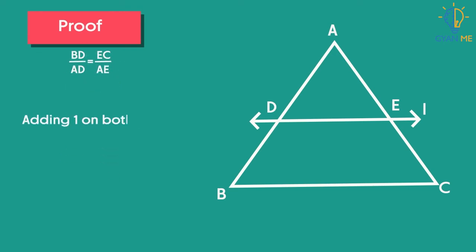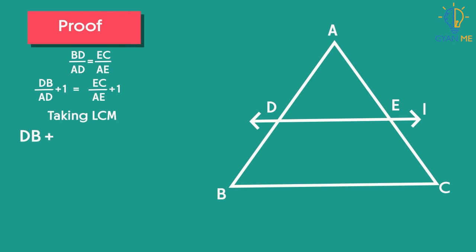Now add 1 to both sides of the equation. We get DB upon AD plus 1 is equal to EC upon AE plus 1. Take LCM of both sides and we get DB plus AD upon AD is equal to EC plus AE upon AE.